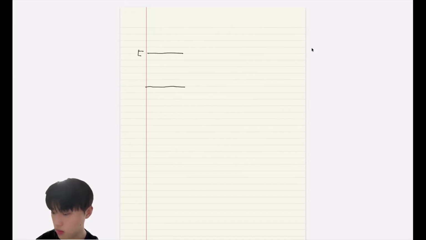So let's draw all the things of the MOS. We can draw like this. This is, as I mentioned before, the n plus material, and this is the gate.